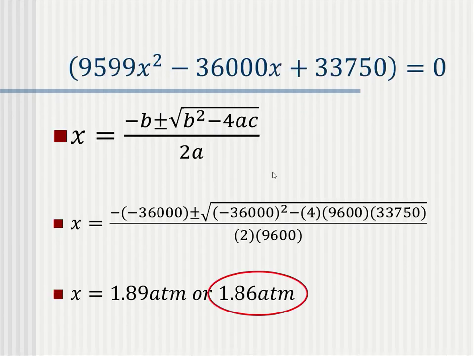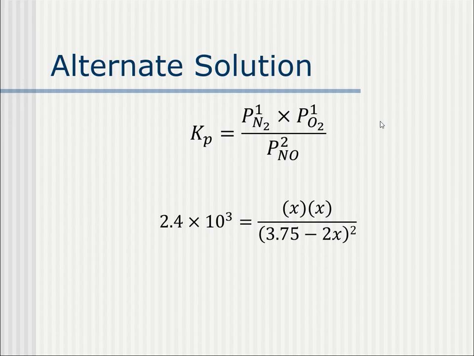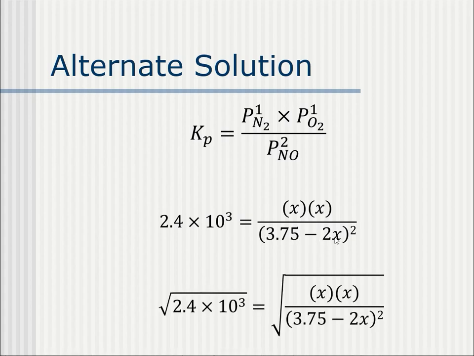Oh, wait a second. Let's worry about the fun of saying there's another way to do this. Now, not to make light of this, the quadratic equation works, but there's an alternate way to do this. We have our expression, we have our numbers, and if right now we notice that what we have is x squared over 3.75 minus 2x, squared, we can literally just take the square root of both sides.